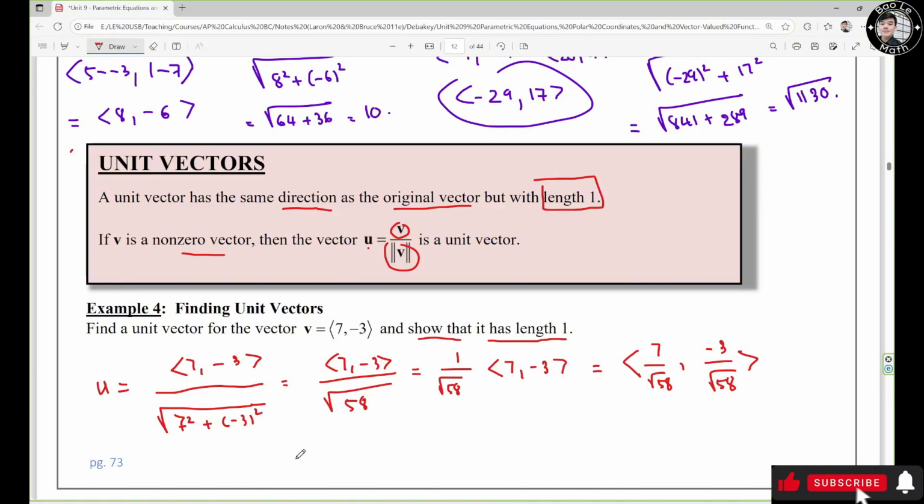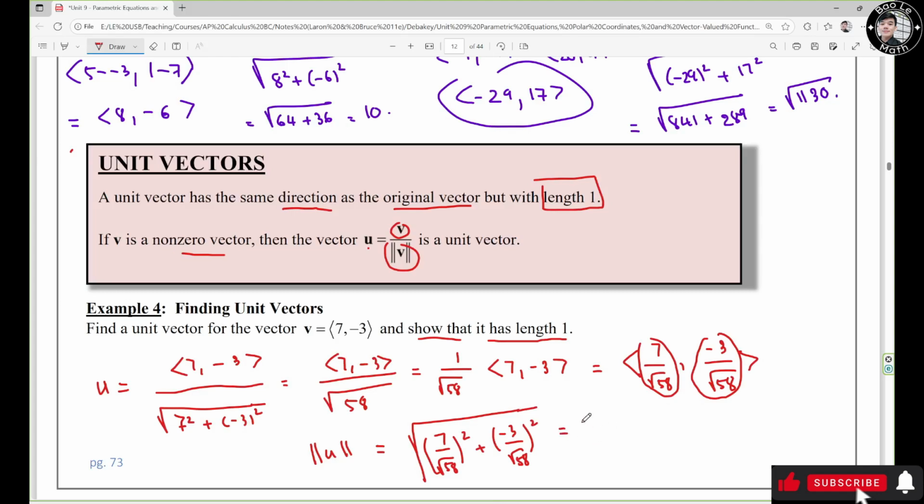So when we talk about the length of the vector, it's actually magnitude, right? So the magnitude of vector u is the square root of this one right here squared, and this one right here squared, right? So it could be negative 3 over square root of 58 altogether squared, right?